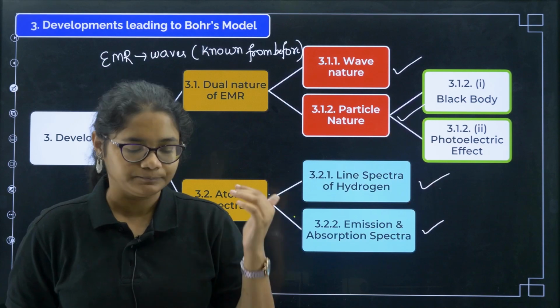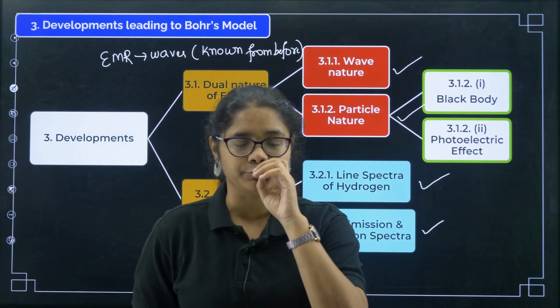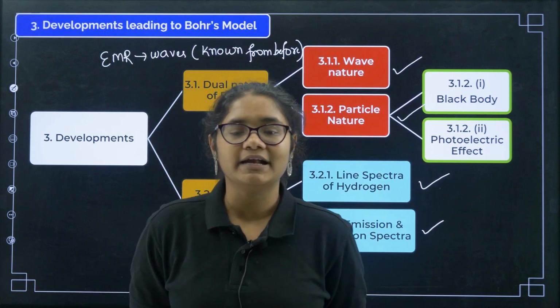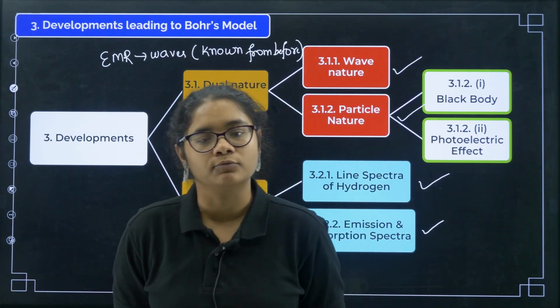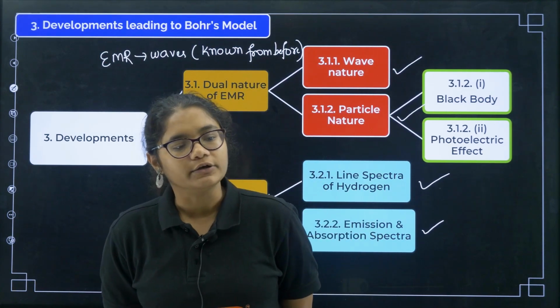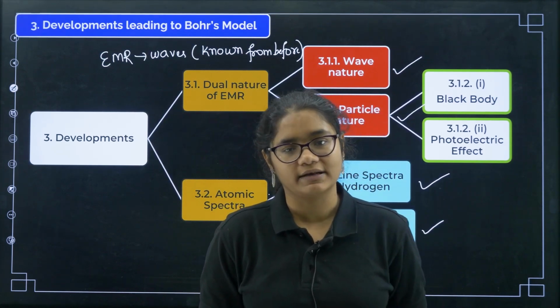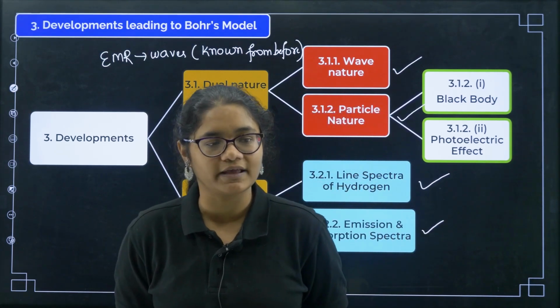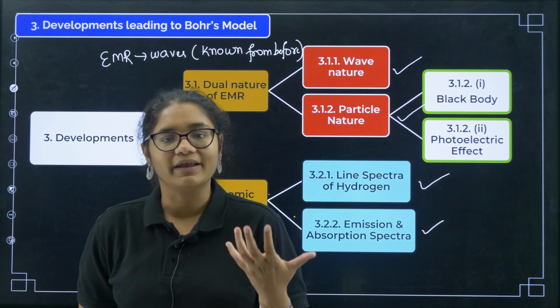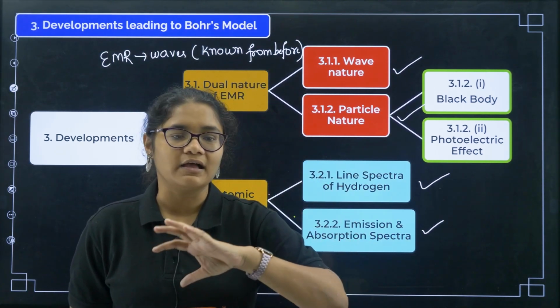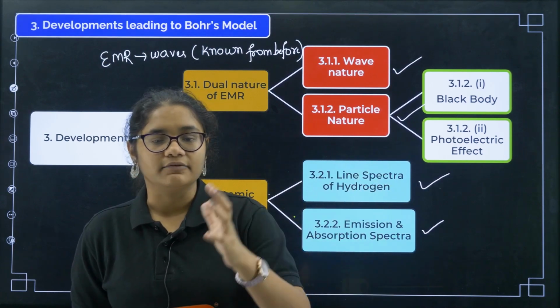Are you getting this all? Once again I'll repeat the story. We are discussing some developments in science before Bohr proposed his model. All the scientists knew from before that electromagnetic radiations are wave-like, they have frequency and wavelength, and they can travel in vacuum.